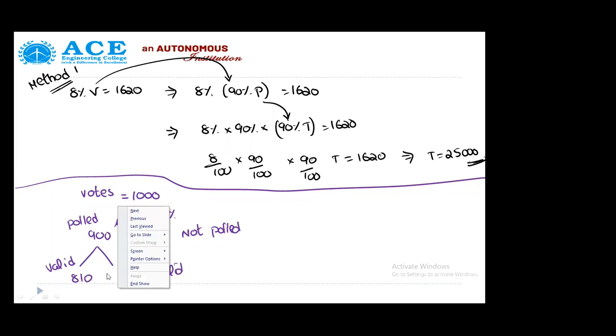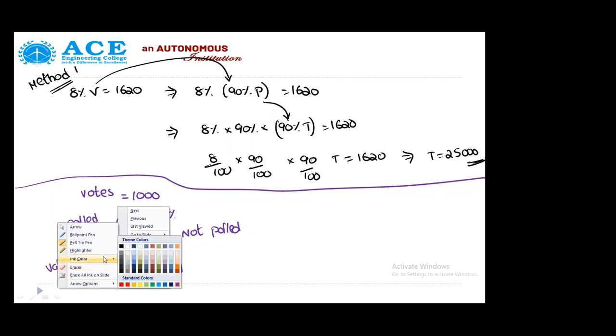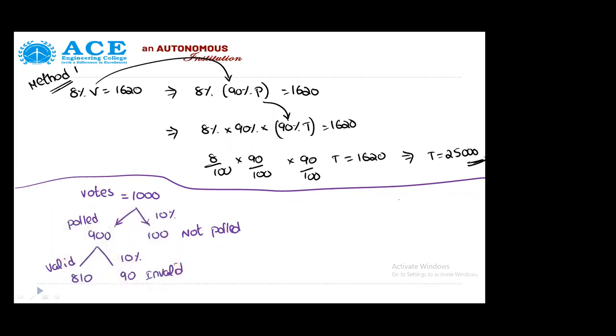Among valid, 810, 54% is for the successful candidate, so the other candidate will get 46%. What is the majority here?